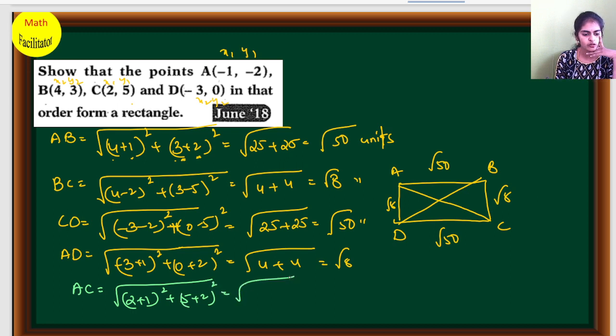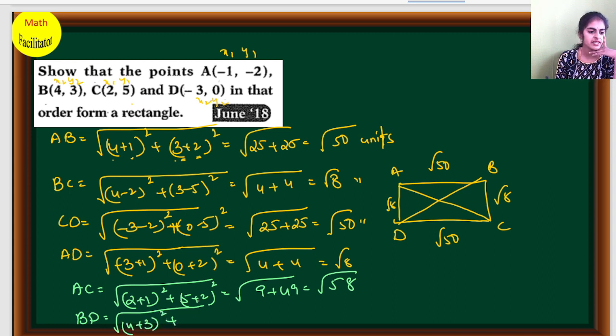So that is equal to √3 square అంటే 9 plus 7 square అంటే 49. సో ఎంత వస్తుంది, 58. సో BD తీసుకోండి, BD is root B and D. So 4 minus of -3 అంటే 4 plus 3 whole square plus 3 minus 0. So 4 plus 3 is again 7. So 7 square is 49 plus 3 square is 9. So again ఇది √58. So ఈ రెండు ఈక్వల్, diagonals ఈక్వల్ వచ్చింది.